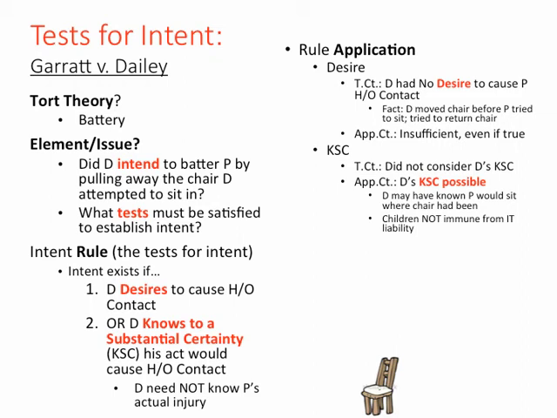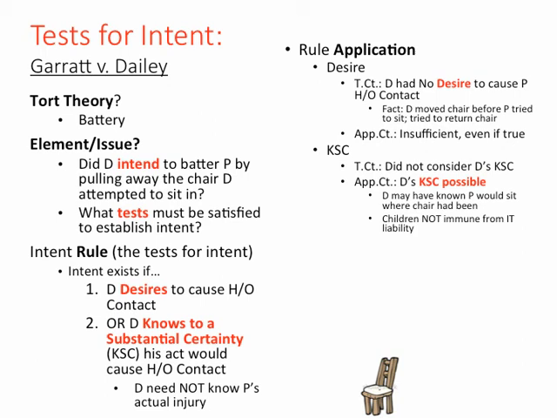So finding that Brian did not have a sufficient desire, the court thought that that was all that was necessary to dispose of the case and find that there could be no battery. But the appellate court said that what the trial court did was insufficient. Remember that battery can be satisfied, or the intent for battery can be satisfied either through a desire or through knowledge to a substantial certainty.